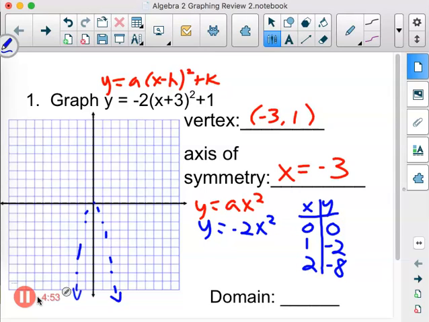And now all I have to do is move it to its new position. So I've got the parent on there, and now I need to know how to move it. So somebody unmute yourself and see if you can tell me where I need to move this parabola.